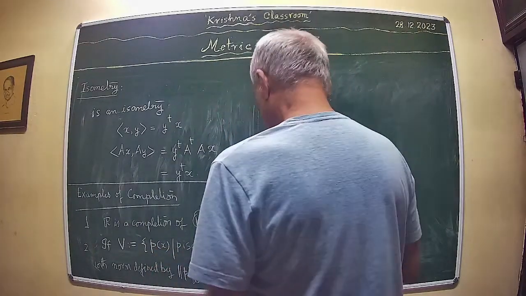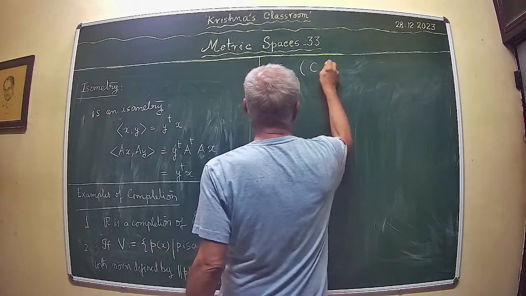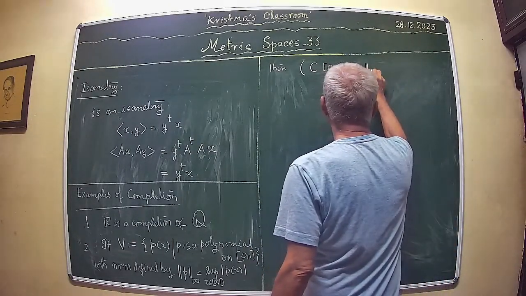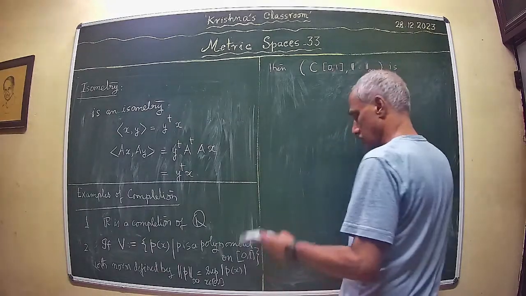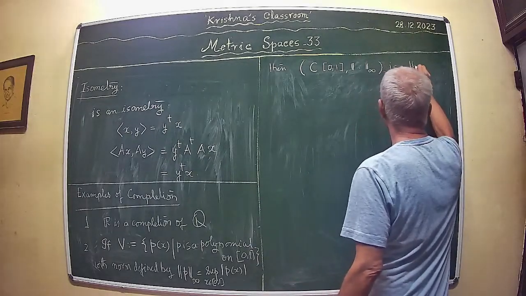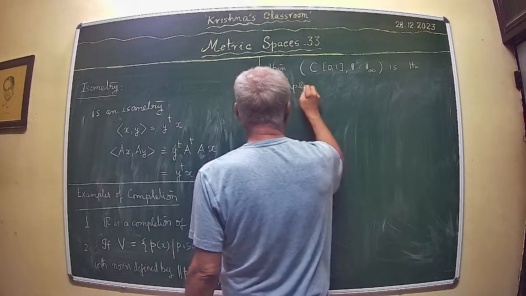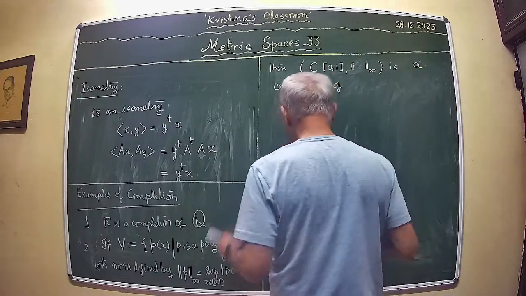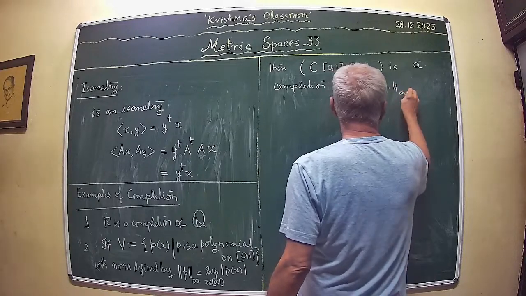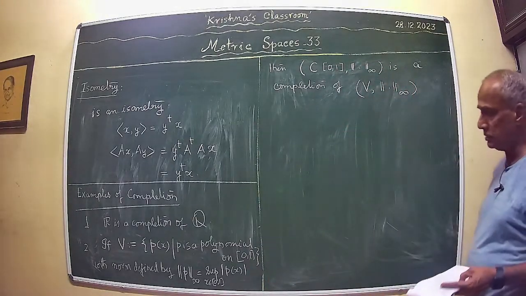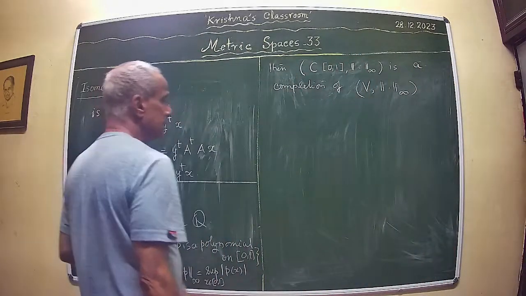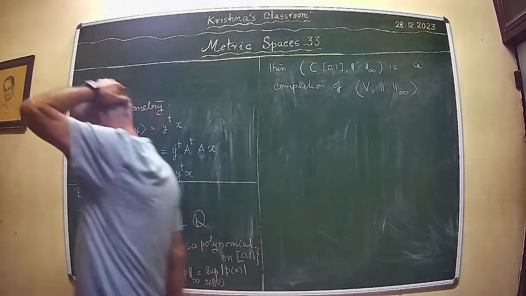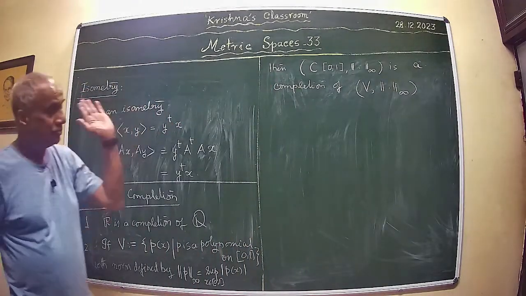Then C[0,1], all continuous functions on the interval [0,1] with sup norm, is the completion of it. V as such is not complete, whereas C[0,1] is complete, and every continuous function on the interval [0,1] can be approximated as closely as you want through polynomials.